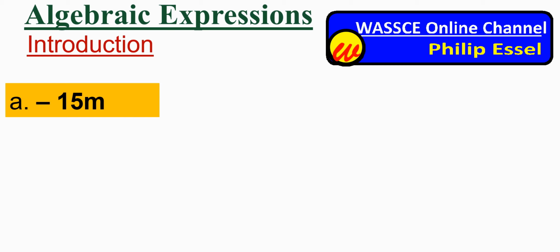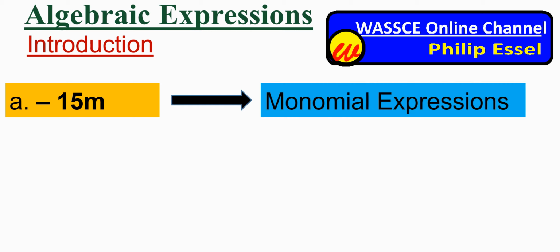Now, algebraic expressions with one term are called monomial expressions. Remember, the prefix mono means one. So monomial expressions are algebraic expressions with just one term. For example, you can see on the board or on the screen, negative 15m. It is in just a single term.